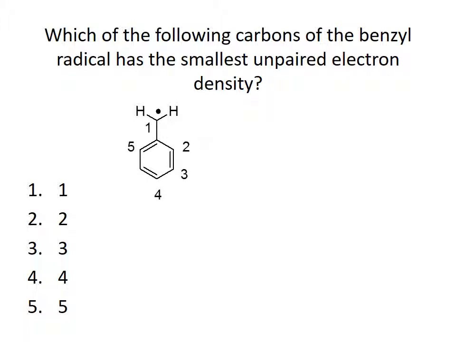So if I move the double bond in here, the free radical would be here. If I move this double bond up here, it would put the free radical here. If I move the double bond here, it would put the free radical there. So you would have this free radical in the ortho, para, ortho positions through resonance. Carbon 3 would have no free radical character, or very little free radical character.